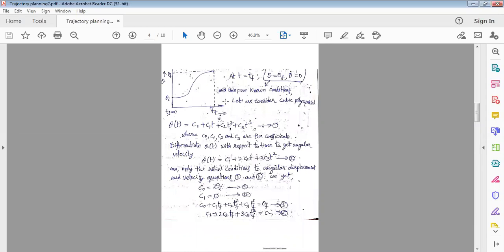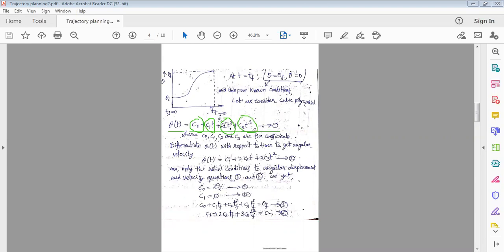Okay, so we defined the problem in the previous slide. Now let us see the cubic polynomial function. Theta of t is a cubic polynomial function: C naught, the first term, is constant, the second term is linear, the third term is quadratic, and the fourth term is cubic.